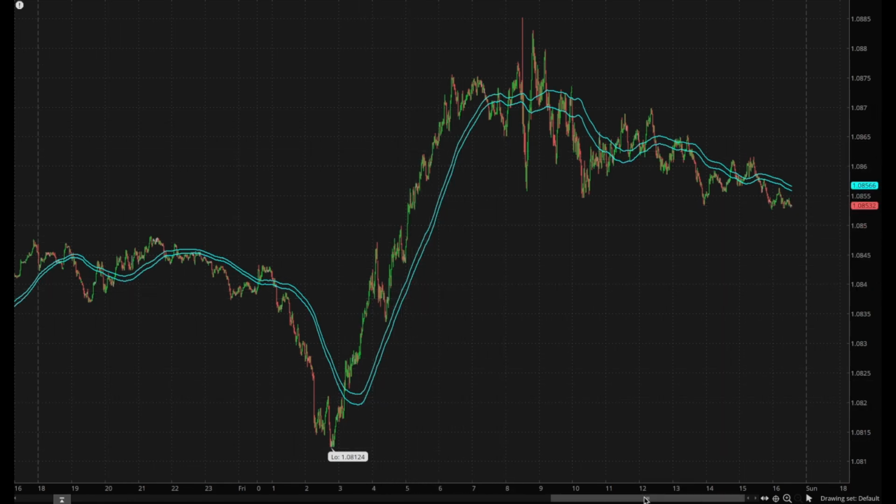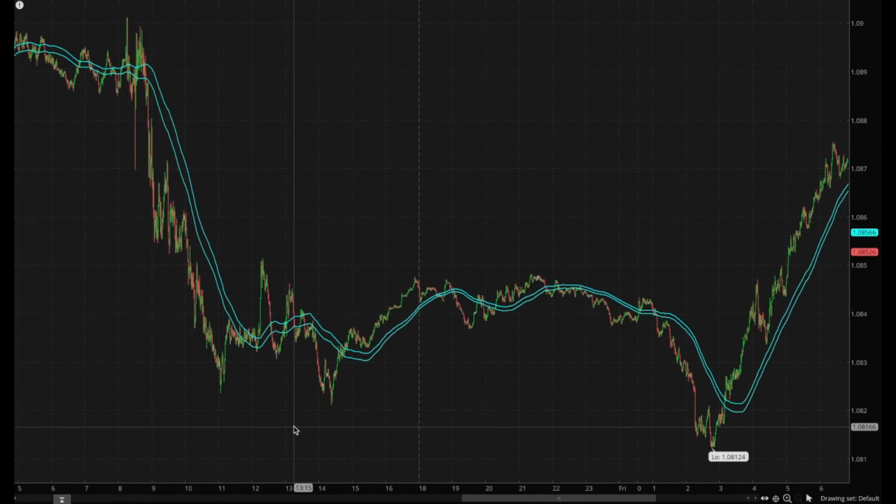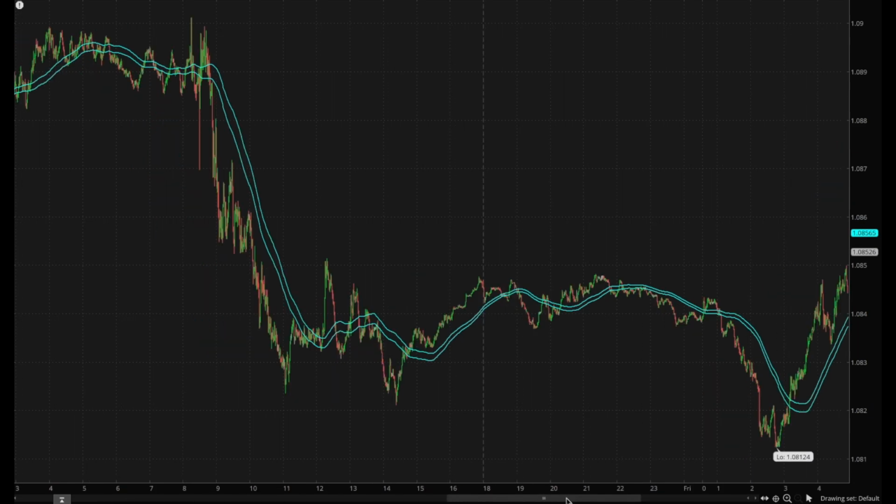With standard lot size, it's about $300. Another huge trend over here, similar in price.